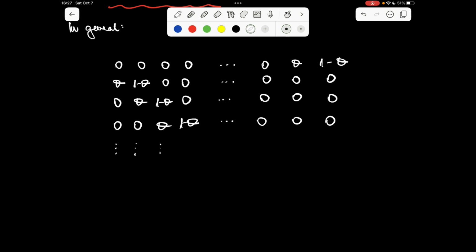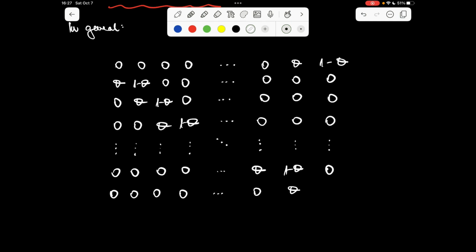It's gonna be nice. Hopefully. We don't need to fully describe the matrix. We need only the structure, the patterns in the matrix.